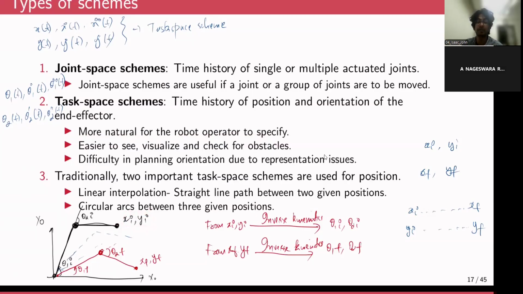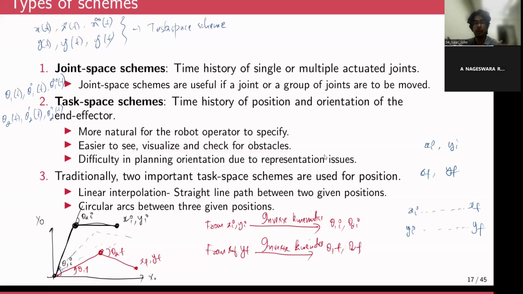If someone gives us theta 1 and theta 2, we probably won't know how that position would look. But if someone gives you xi and yi coordinates, we can immediately know the robot would be right at those coordinates. So in that regard, it is easier for us to visualize the robot.